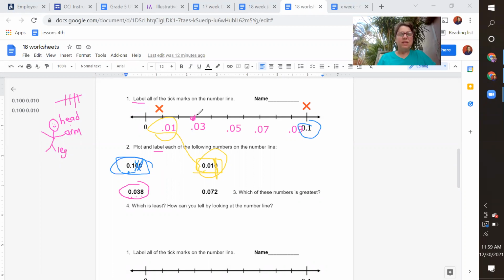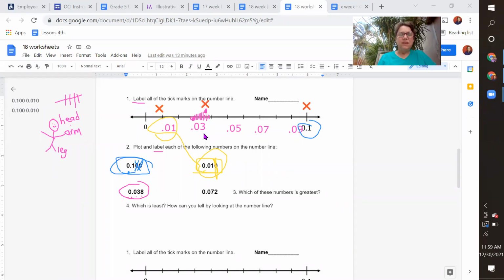So then I make 1, 2, 3, 4, 5, 6, 7, 8, 9, 10. And then the 8 is this one, 0.38. So I have to label that one, boom.